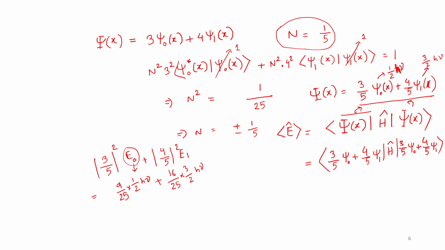Right now you have calculated the average energy. Suppose you measure the energy once, with the Hamiltonian working on the capital psi, and this capital psi is this one. When we perform it once, we will get only one of the energies, either the energy of psi 0 or the energy of psi 1. So you don't know which.